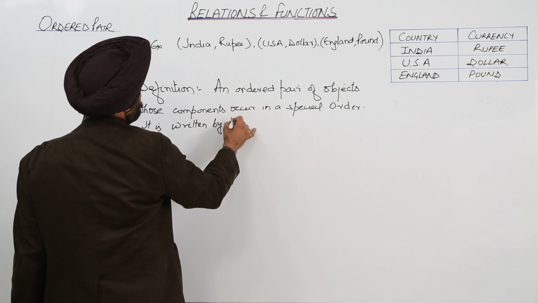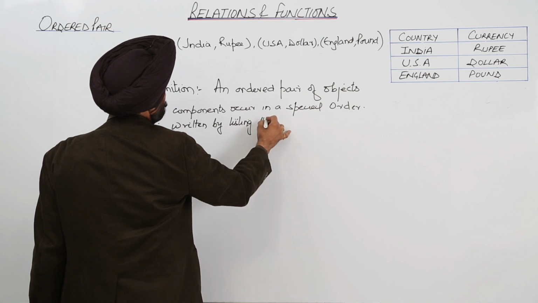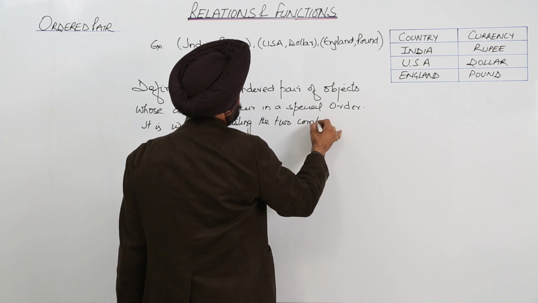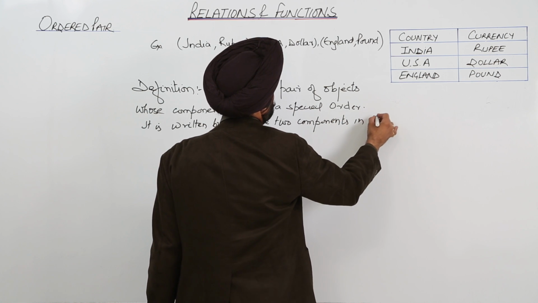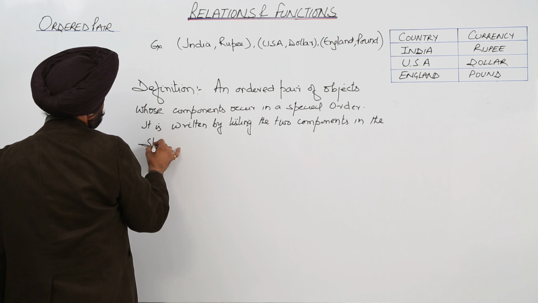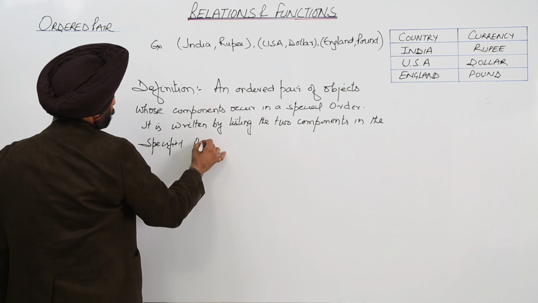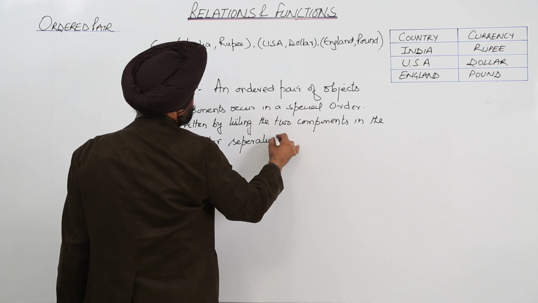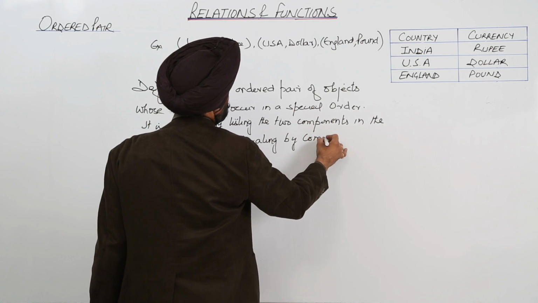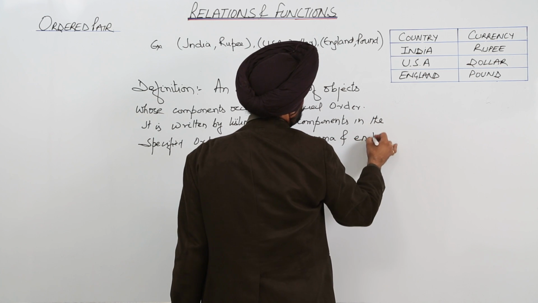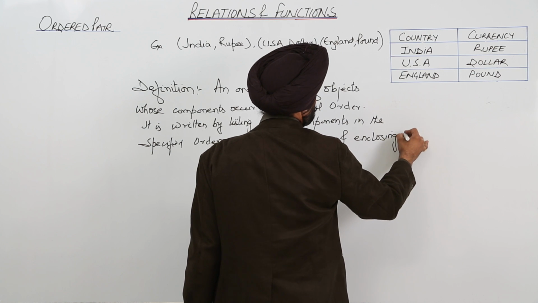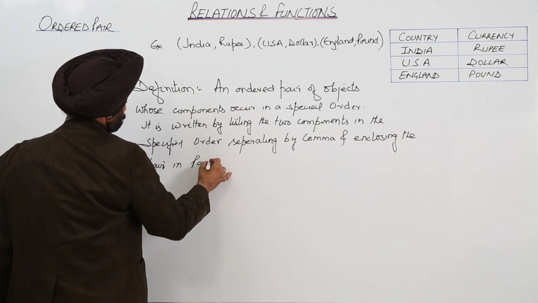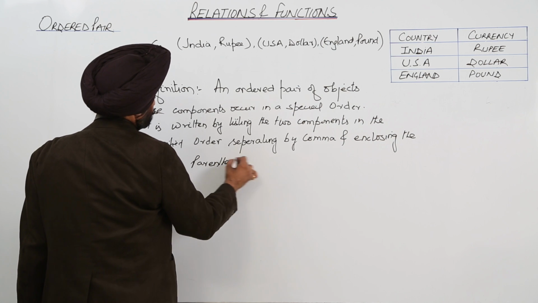It is written by listing the two components in the specified order, separating by commas and enclosing the pair in parentheses. Okay.